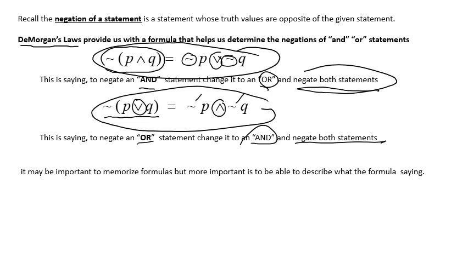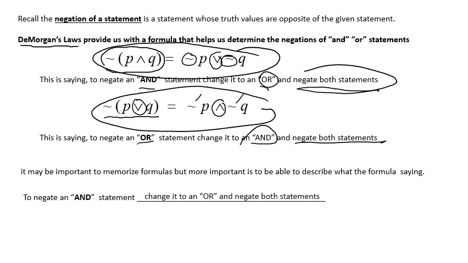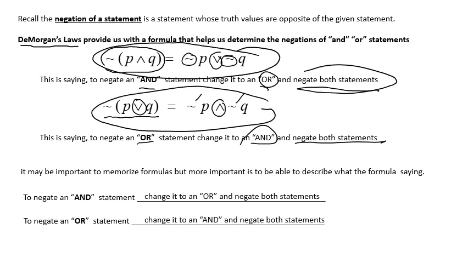If you can possibly put something in words, you should do it. So you answer the question here. To negate an and, you change it to an or and negate both statements. To negate an or, change it to an and and negate both statements.